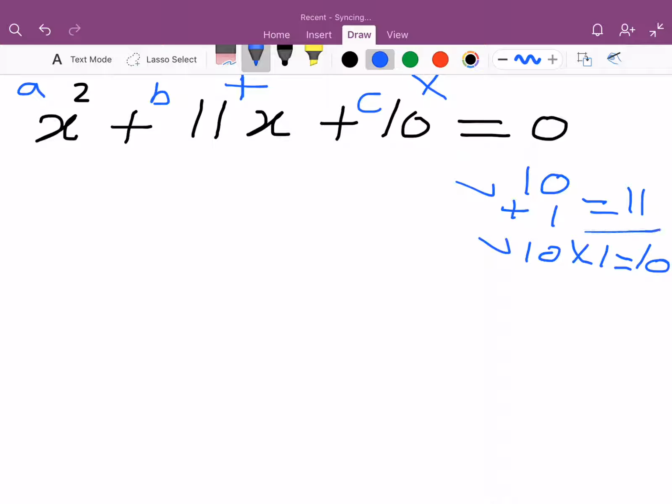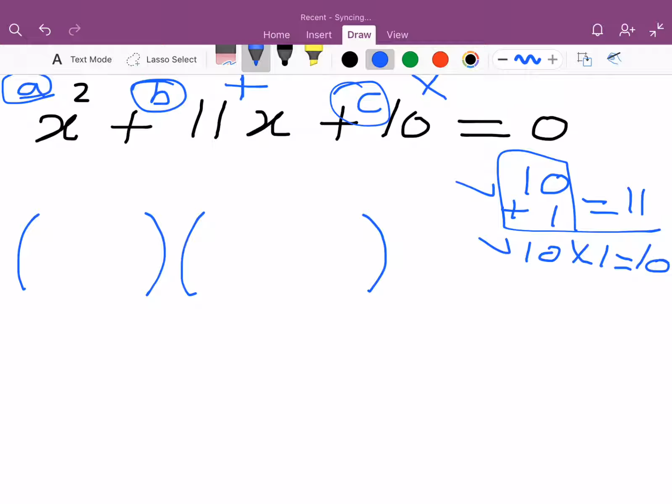I will open two brackets because I have a, b, and c. I want x squared, so I write x here and x here, because x times x is x squared.